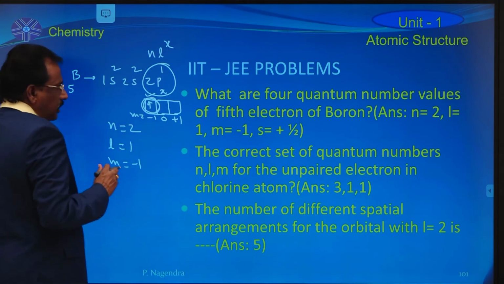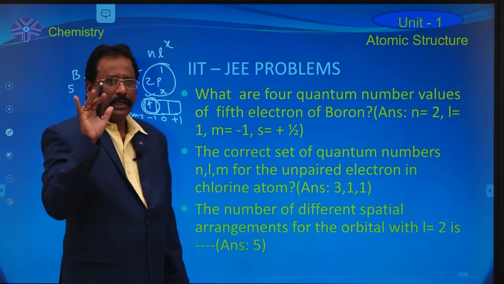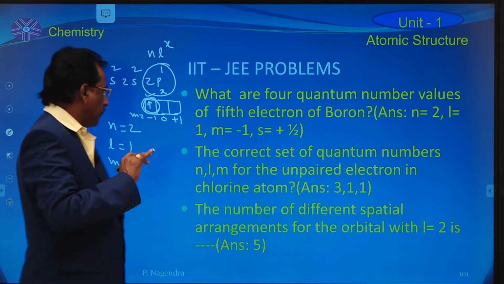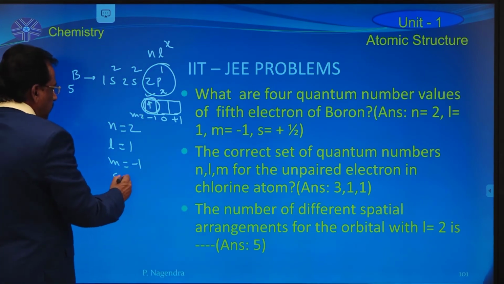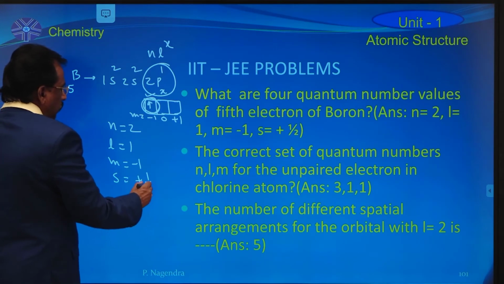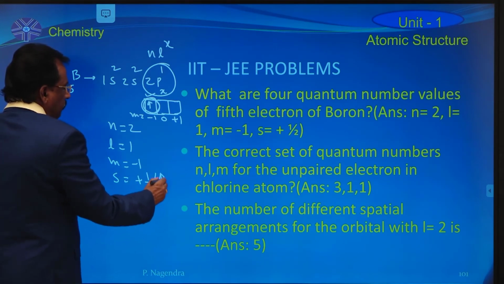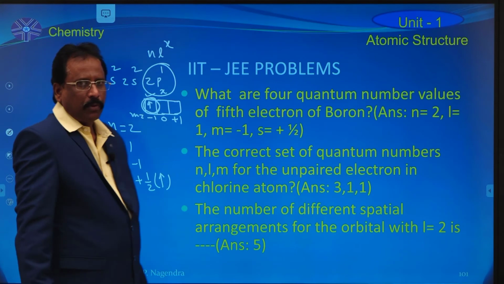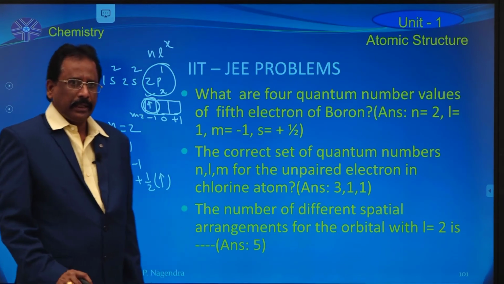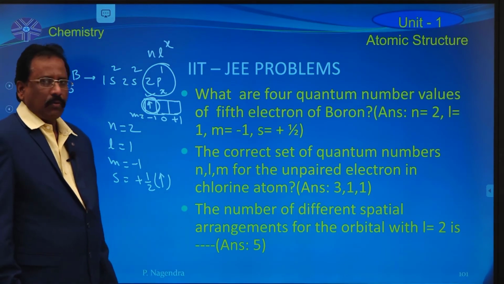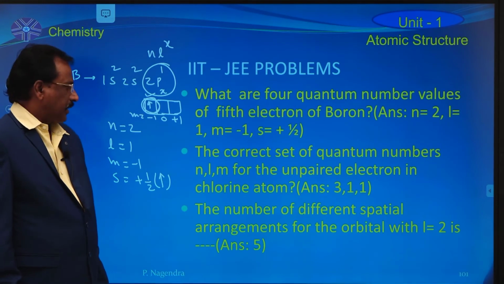And all singly filled electrons have clockwise spin. That's why the value of s is equal to +1/2 or clockwise spin. The arrow head pointing upward indicates the electron spin is in clockwise orientation.